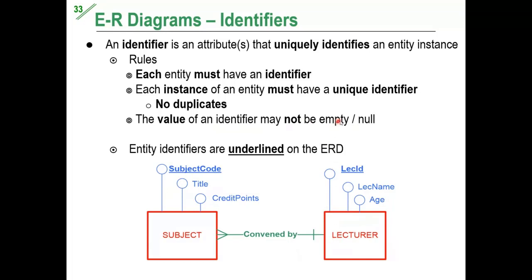Null means that in the database we don't know the value of that particular case. So these are the three important things you need to know when choosing an appropriate primary key or identifier.